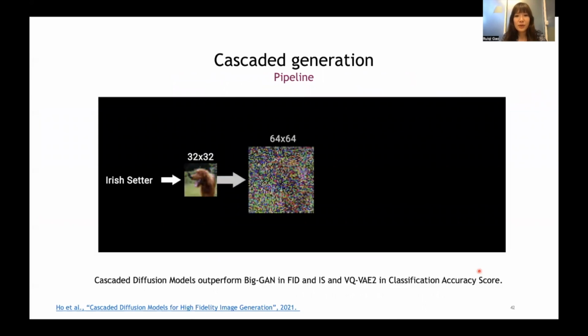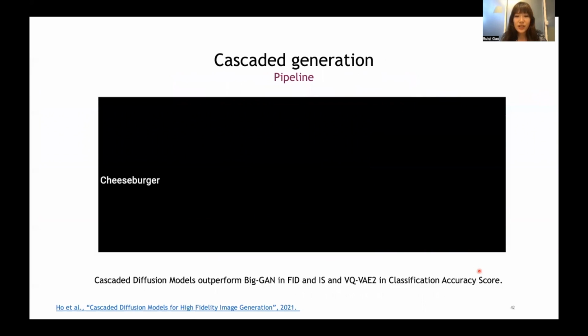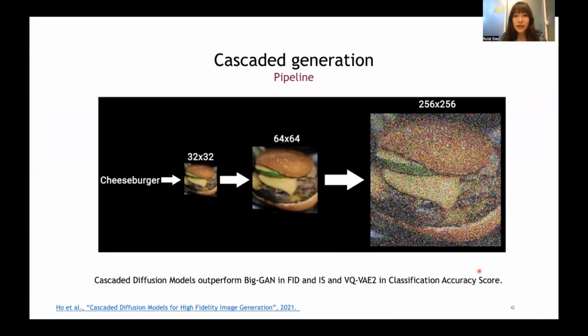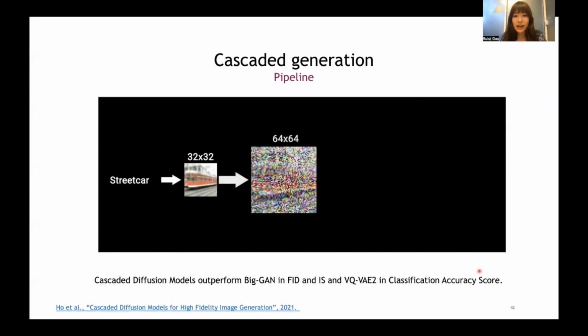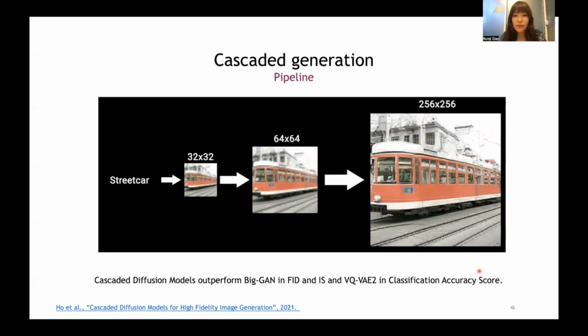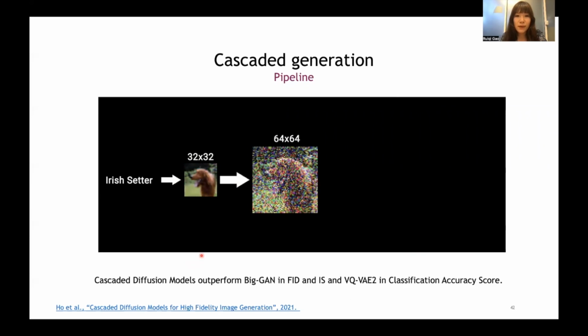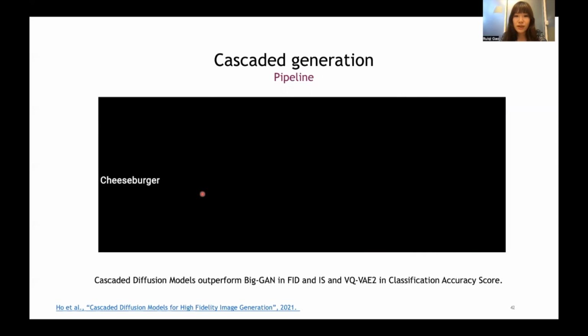And the last thing I want to talk about is this cascaded generation pipeline, which is important for high resolution generation. And this kind of idea has already been explored by other types of generative models, for example, GAN models. And it's pretty straightforward. We start by learning an unconditional diffusion model at the lowest resolution.